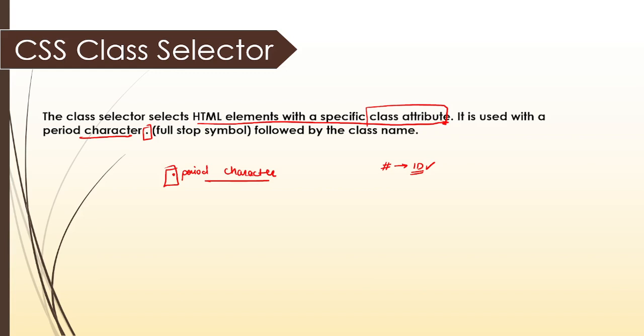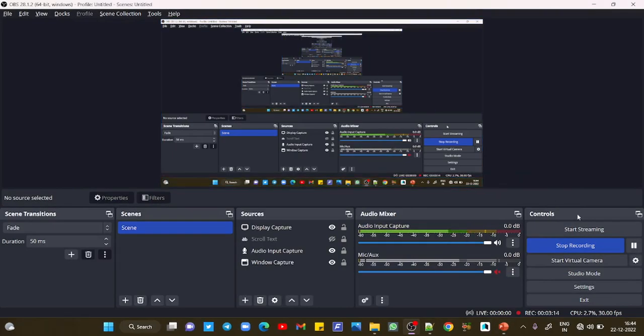Students, if you forgot to watch any of the lectures, you can check the description box. I have already added the link there. Also, the dot class selector selects elements with a specific class attribute, and you can also specify that only specific HTML elements should be affected by a class. So now let's move to the practical part.